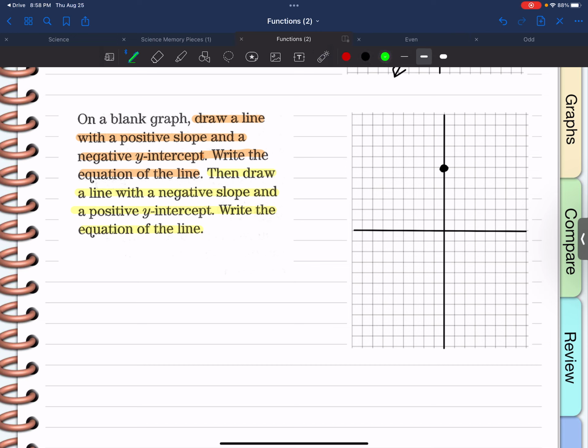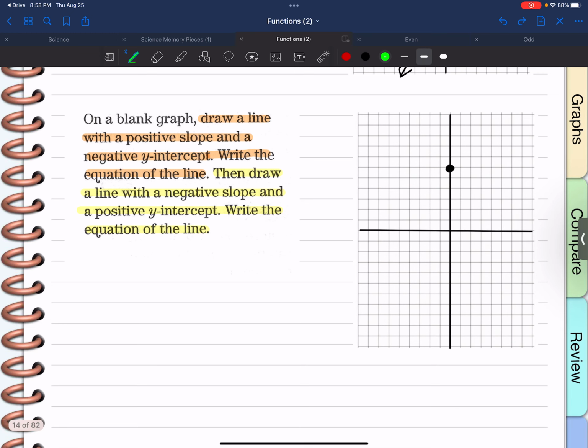I could draw it this way with a very steep slope. Try that again. Very steep slope. I could draw it this way with a less steep slope. I could draw it this way with almost no slope. So with just one point, it's hard to tell where the line should go.